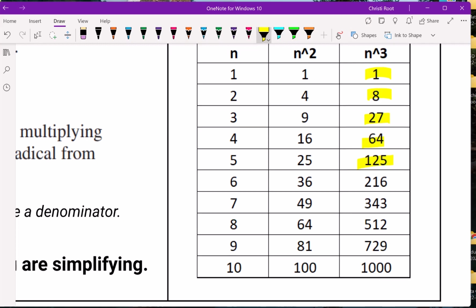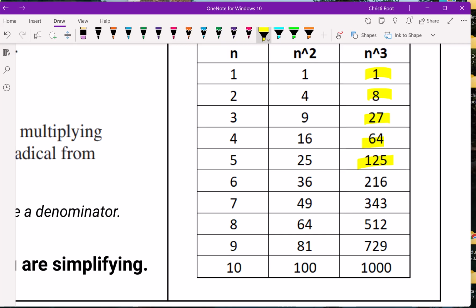If you don't take some time, just like memorizing your multiplication tables, this content in this chapter is going to be difficult for you. I need you to spend some time looking at that, okay? All you have to do, even if you forget it, you can just do it real quick on your calculator. 2 times 2 times 2 is 8. 3 times 3 times 3 is 27. So you can run yourself a little list, even if you don't have it with you, okay?